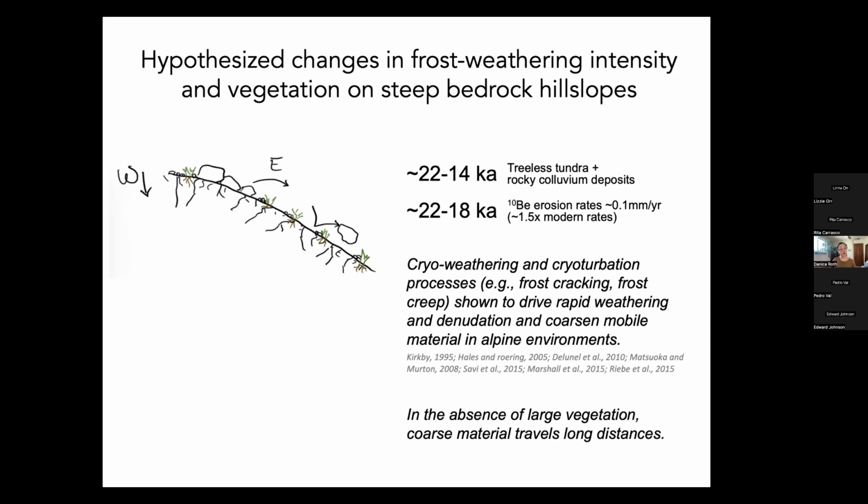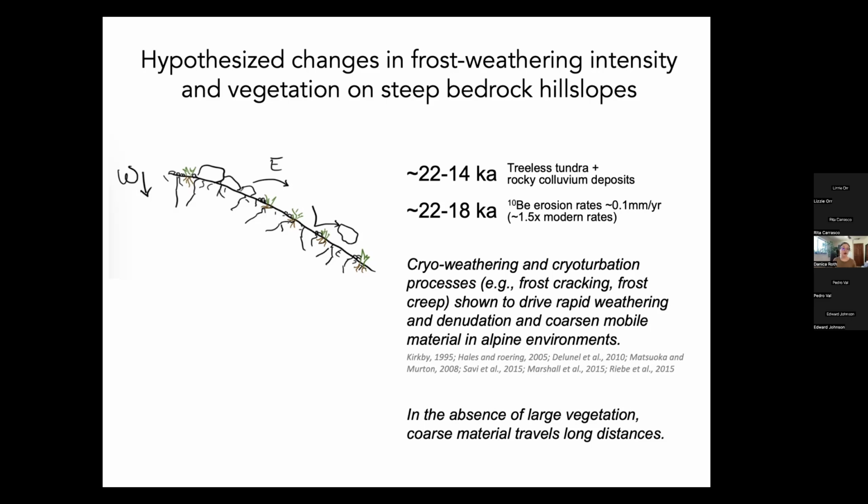First, cryoweathering and cryoturbation processes that are active in cold climates are known to both drive rapid weathering and denudation in alpine environments and to coarsen the mobile material that's being produced in alpine environments. And then second, we already know that in the absence of large vegetation, that coarse material would travel long distances.